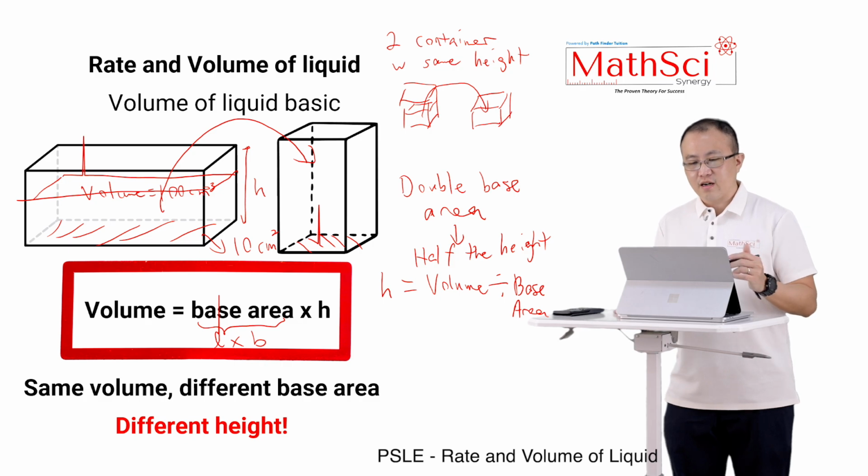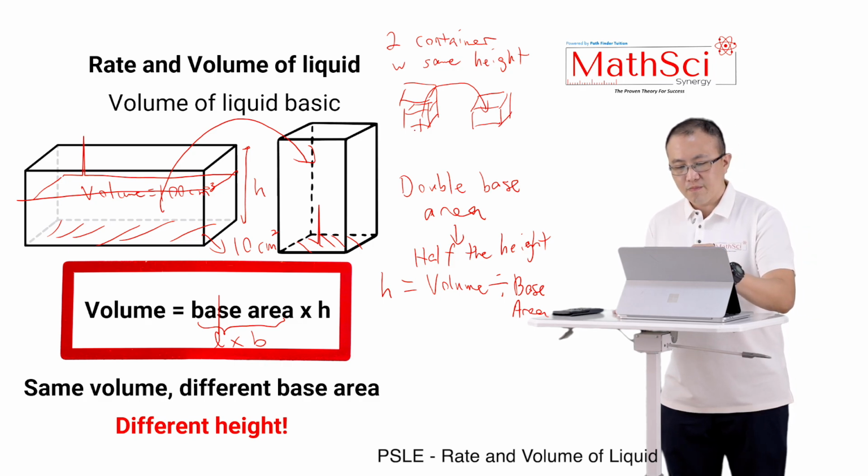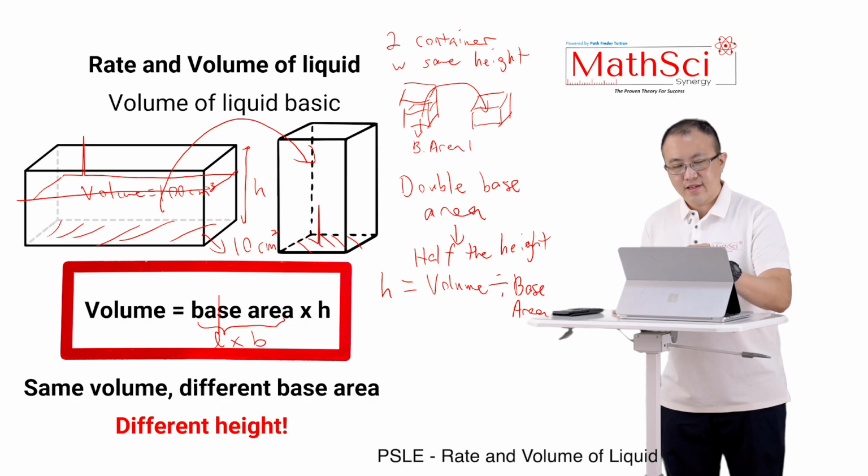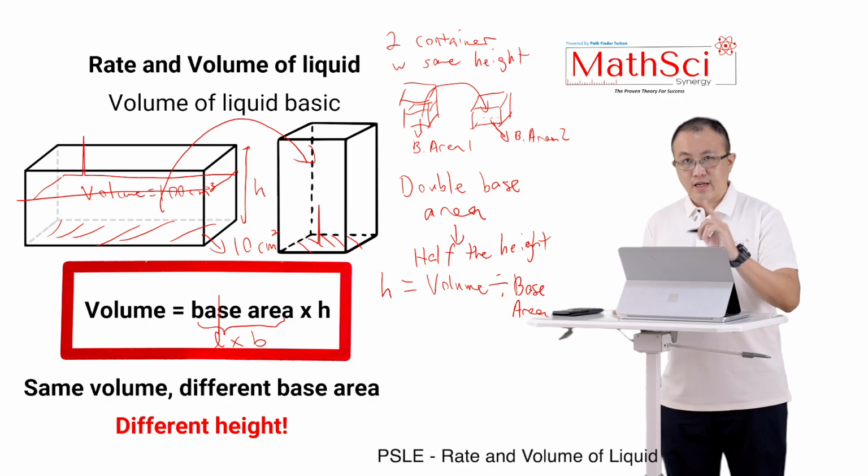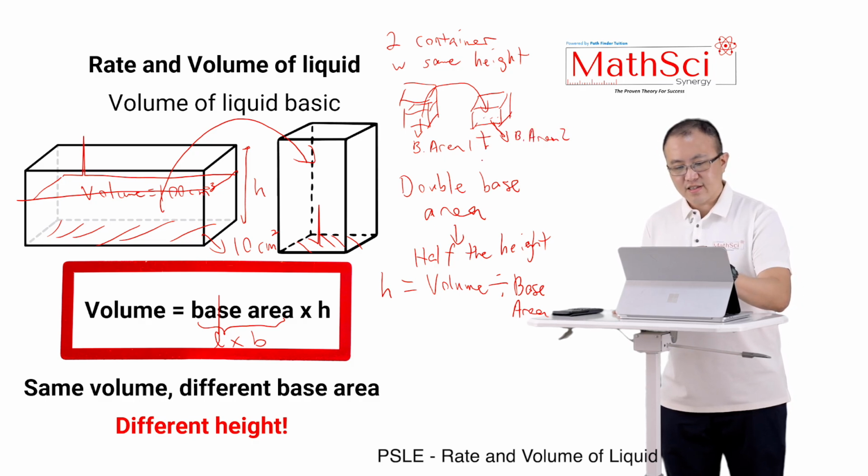So what you need to do is find the base area 1. This part is base area 2. Then after that, you add them together. Let's say you get the total.